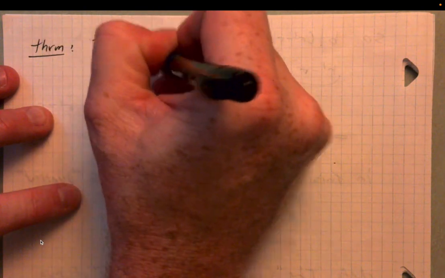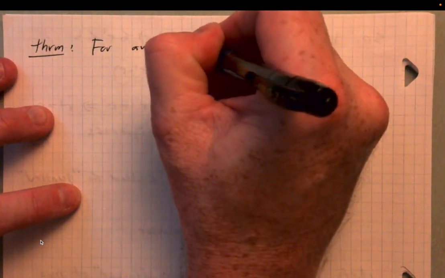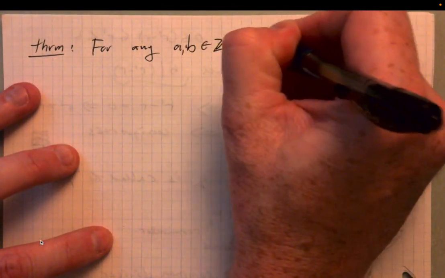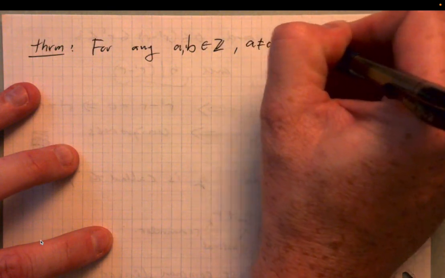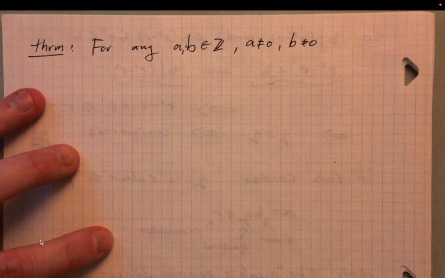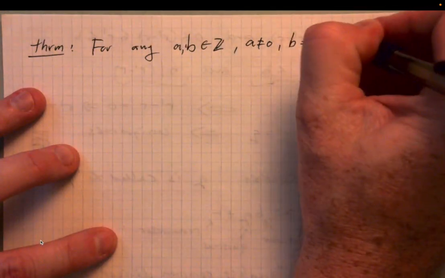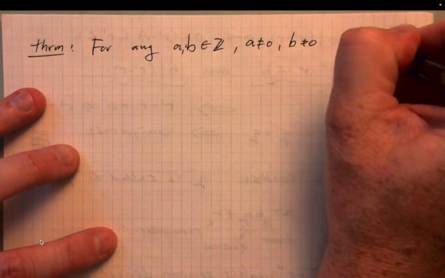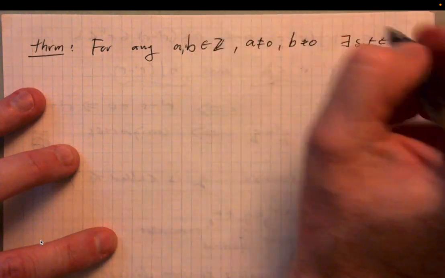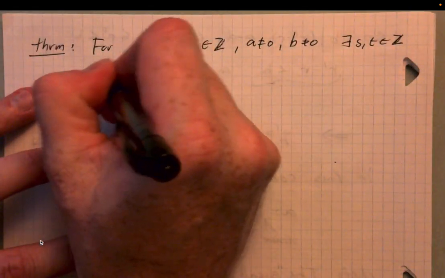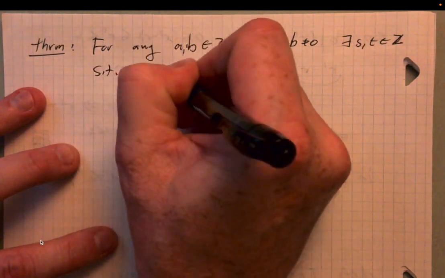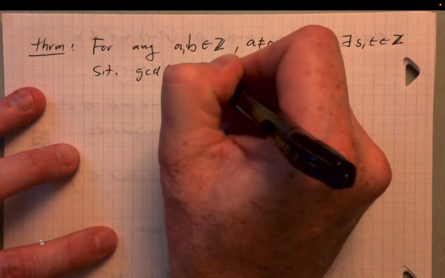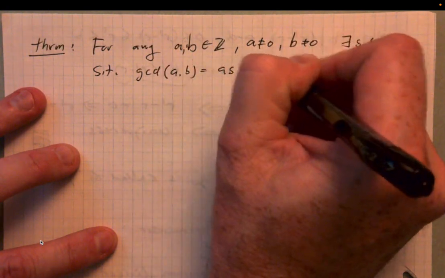Okay, so the theorem goes like this: for any two non-zero integers a and b, there exist integers s and t such that the greatest common divisor of a and b is equal to as plus bt.